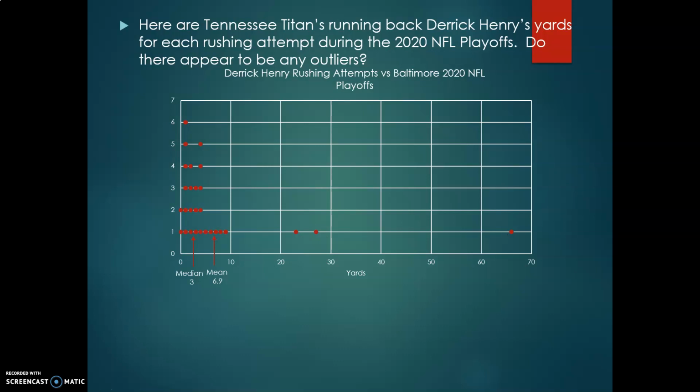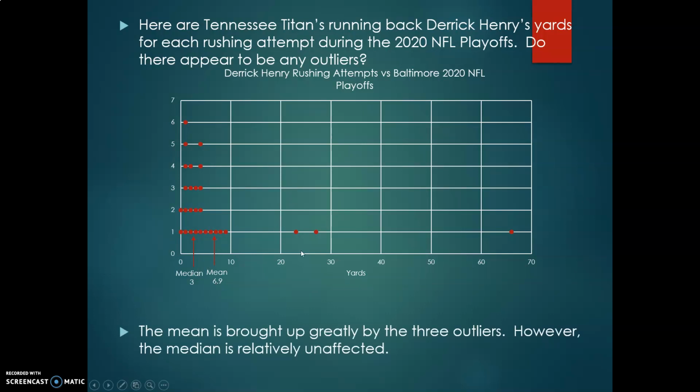Those don't really appear to fit the rest of the pattern. In fact, our mean is 7, but it got pulled up a bunch from our median, which is only 3. So you can see where those couple of big rushes had a really big impact on the mean, but not a very big impact on the median at all.